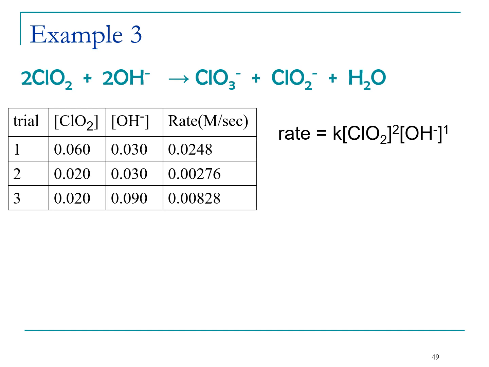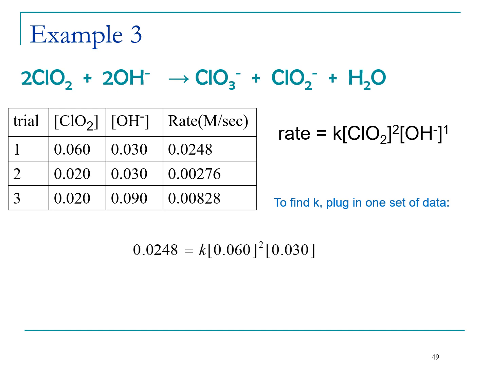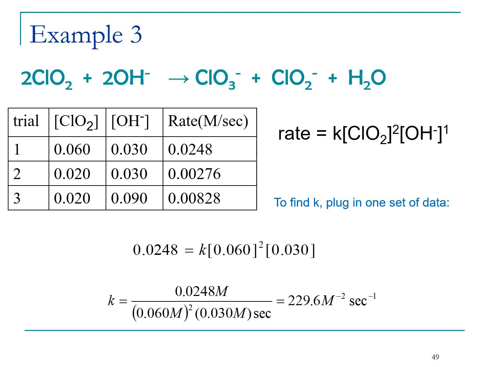And then finally, I can find out what k is by plugging in one set of data. It doesn't matter which one. Be really careful: if something's squared, make sure and square that amount. So 0.0248 equals k times 0.060 squared times 0.030.